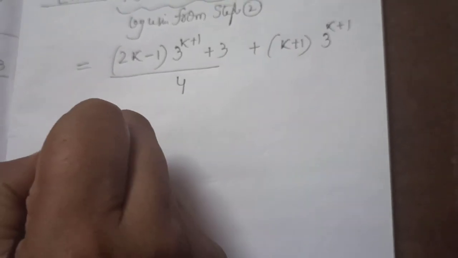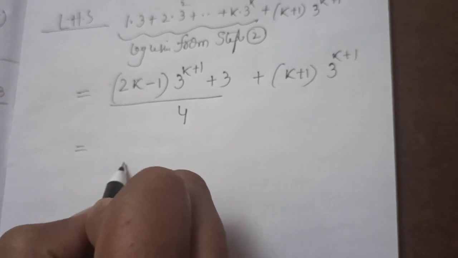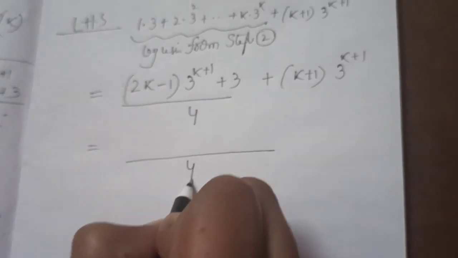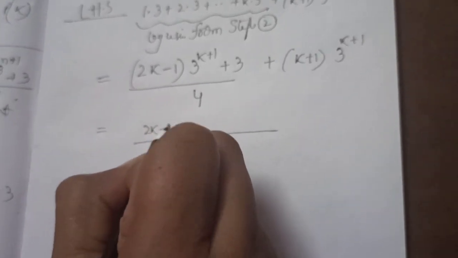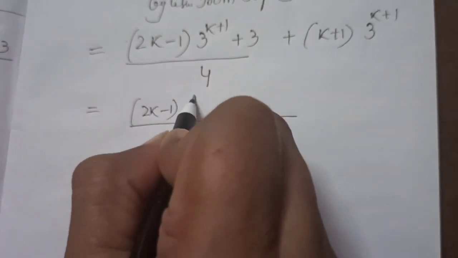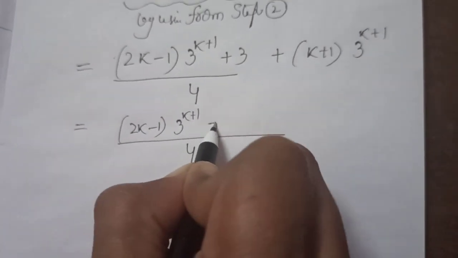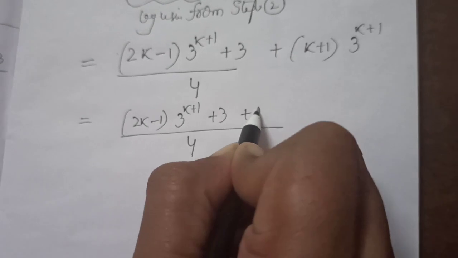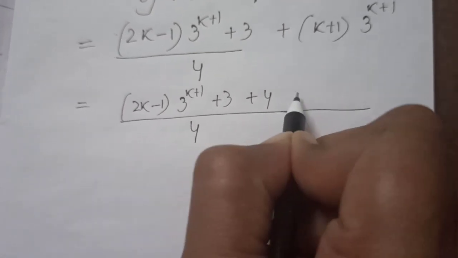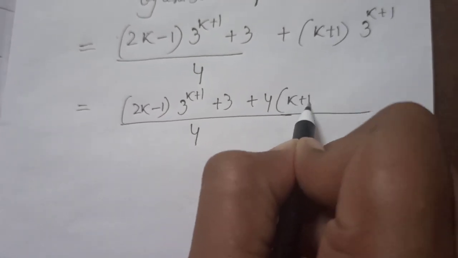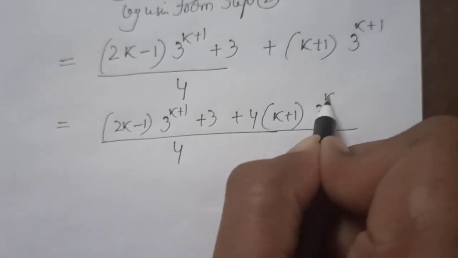Now, by taking 4 as LCM, (2k minus 1) 3 to the power (k+1) plus 3 plus 4 into (k+1) into 3 to the power (k+1).